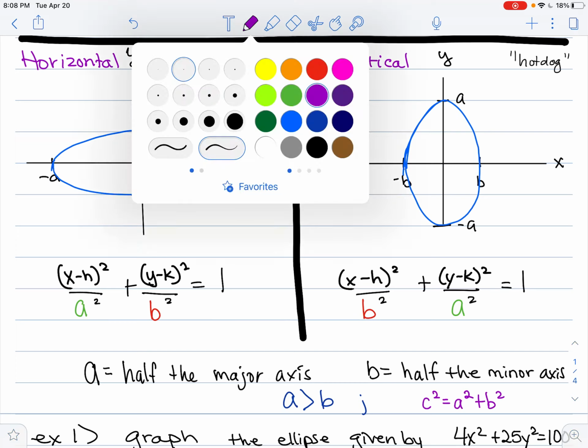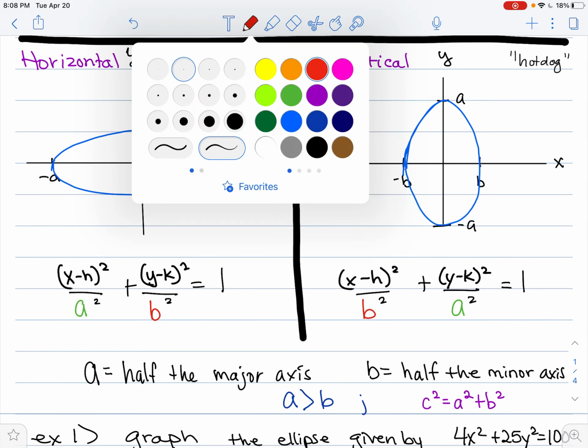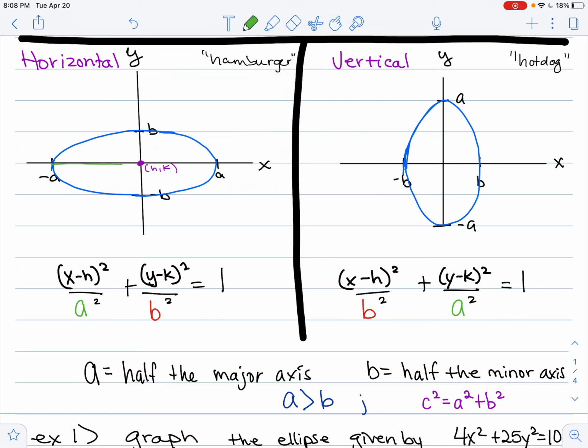And again, the major axis, that's the longest axis, is our A axis. So from here to the center, that's our value for A, and from here to here is also A. This is our vertex. So in this case, if the center is 0, 0, the vertices are negative A comma 0 and A comma 0. And then along here is our minor axis.